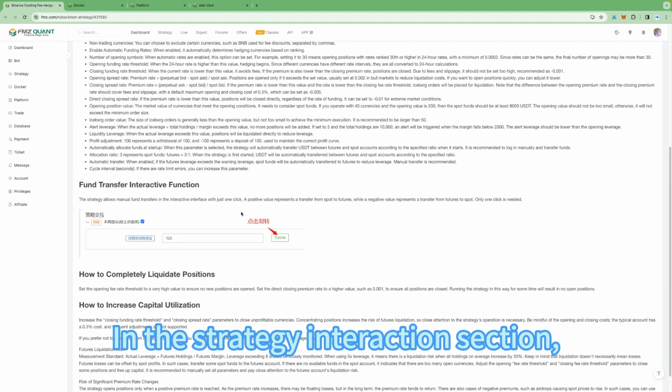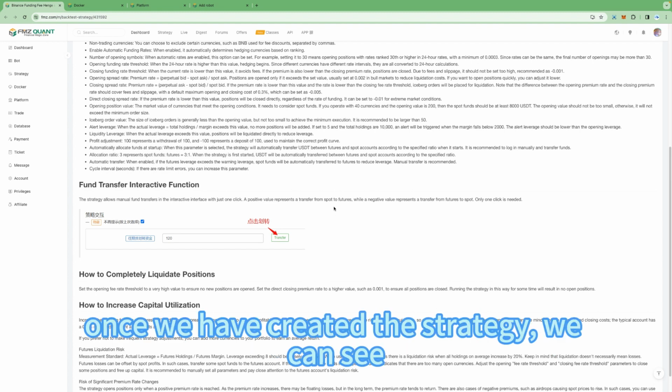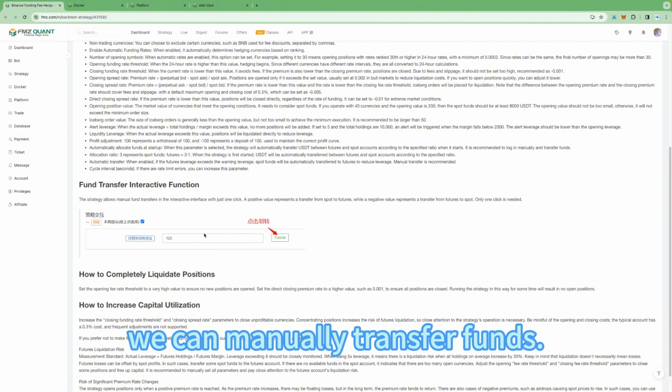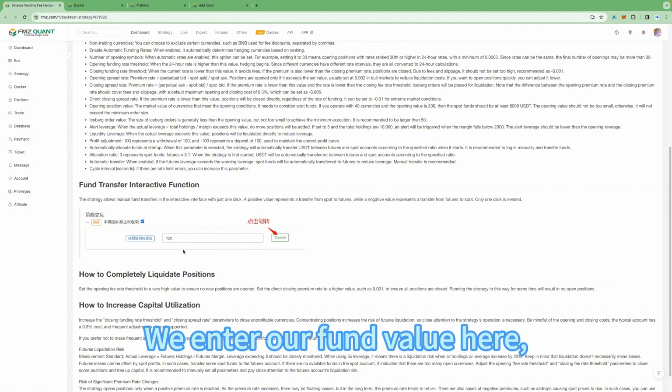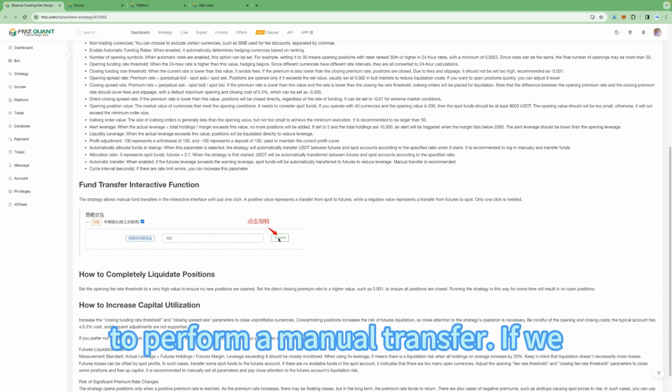In the strategy interaction section, once we have created the strategy, we can see a location where we can manually transfer funds. We enter a fund value here and then click the transfer button to perform a manual transfer.